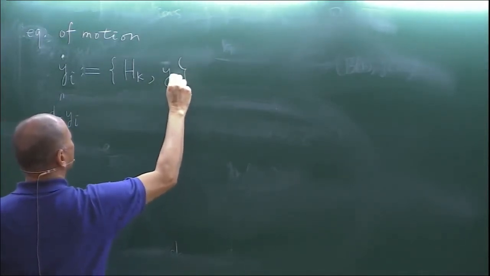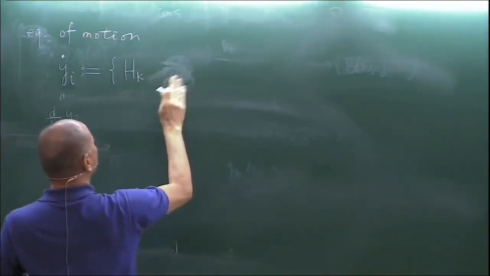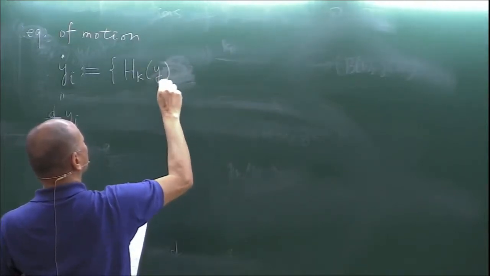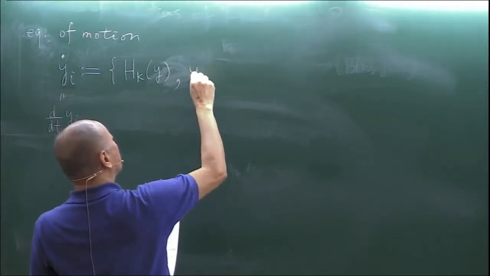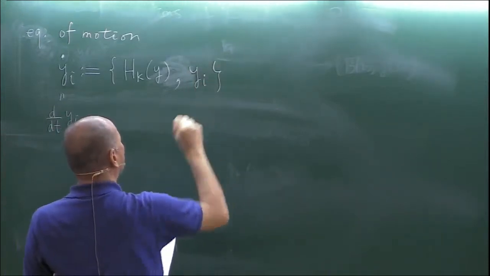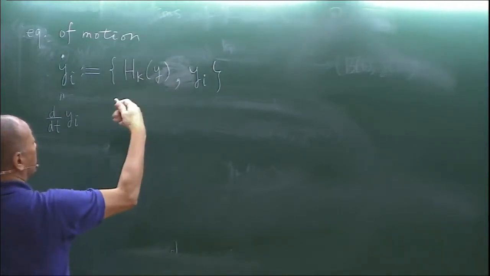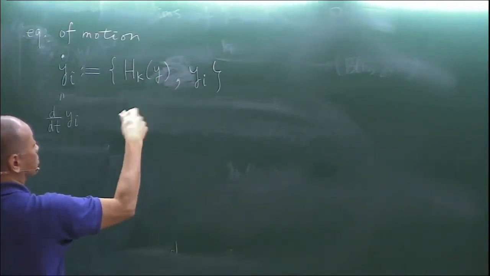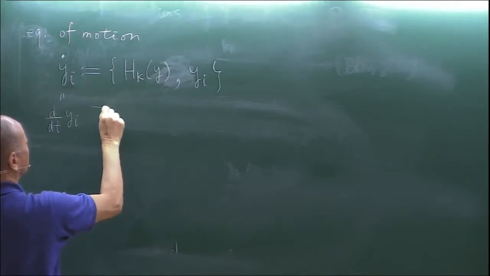So let's calculate together this simple thing. This is a function of y, by the way, so maybe it's better to write it as a function of y. But in reality, it only depends on k, nevertheless. Then according to the simple formula of a Poisson bracket, you can do it using the chain rule.